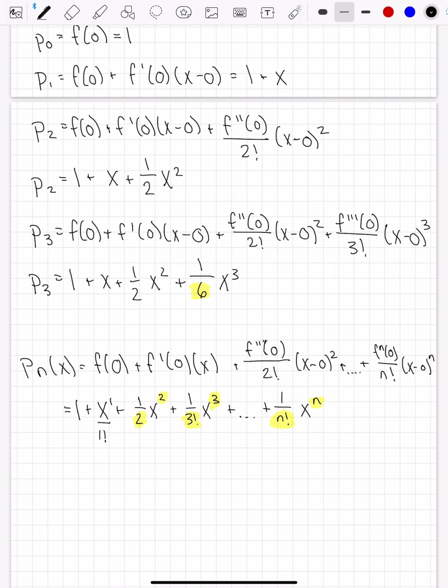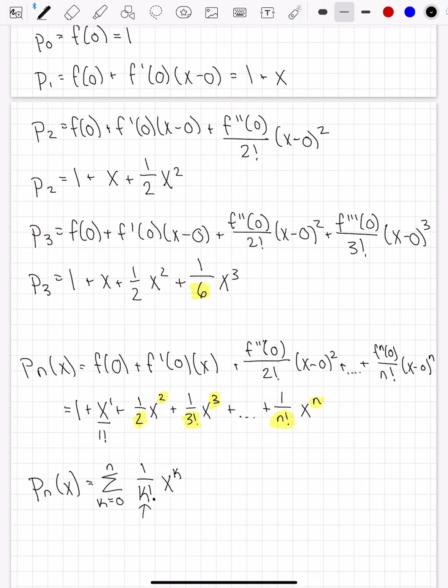So if we want to write a formula for the nth polynomial, we see that we have the sum from k equals 0 to n. I'm going to do that because n is supposed to be the last term in our sum, so I'm going to switch the index to k. Then we have 1 over k factorial times x to the k.